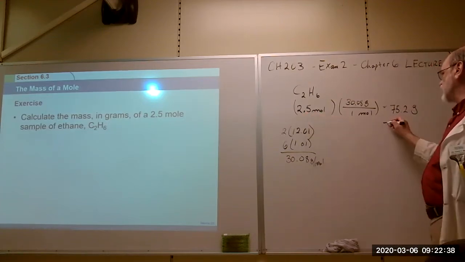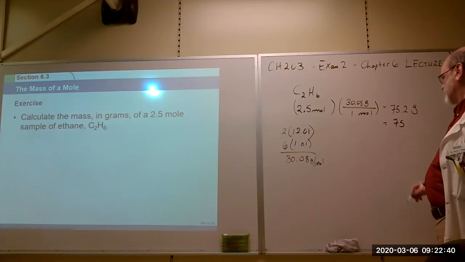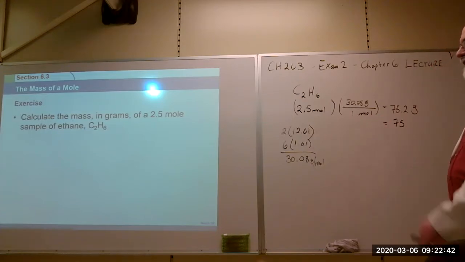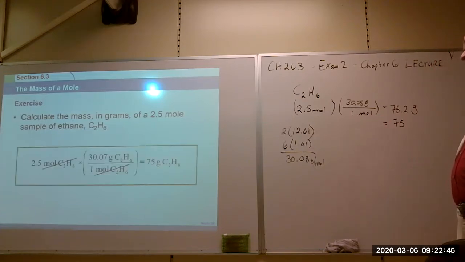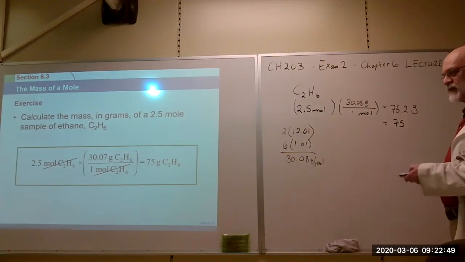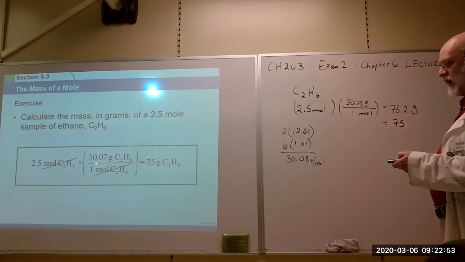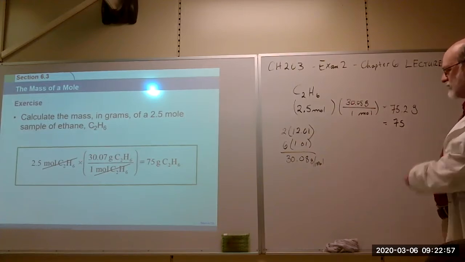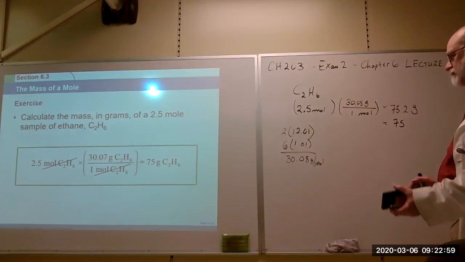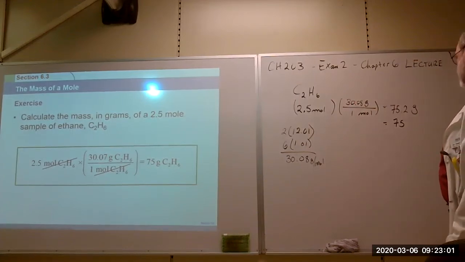So this should be 75, but it may not be on the slide. Oh, good. So we did take into account 2 significant figures here, 2 there. They rounded differently here. 30.07, I get 30.08. Okay.